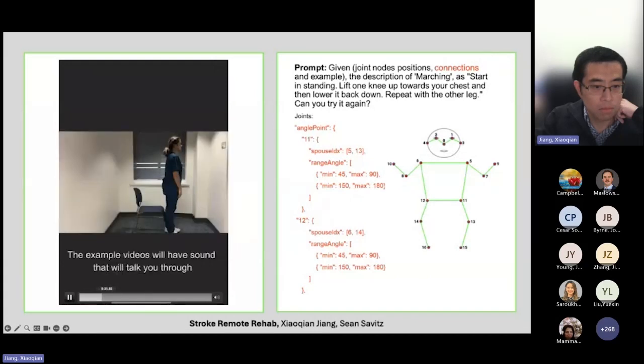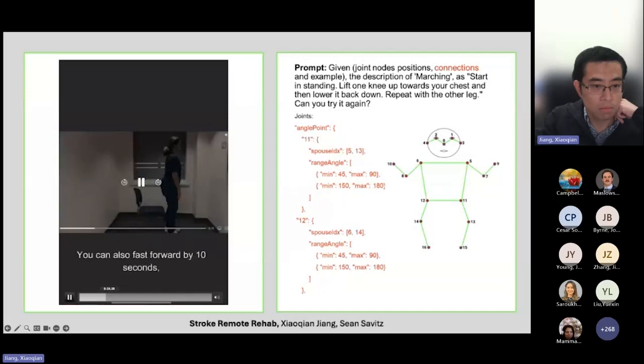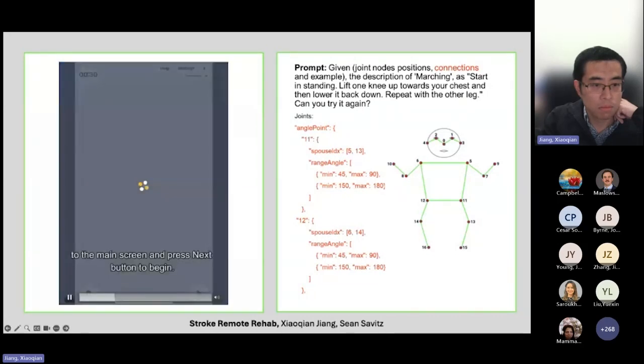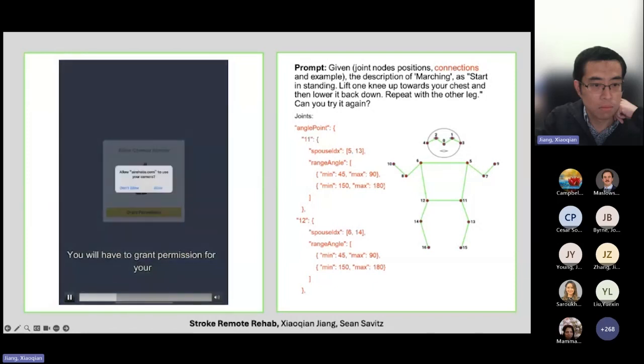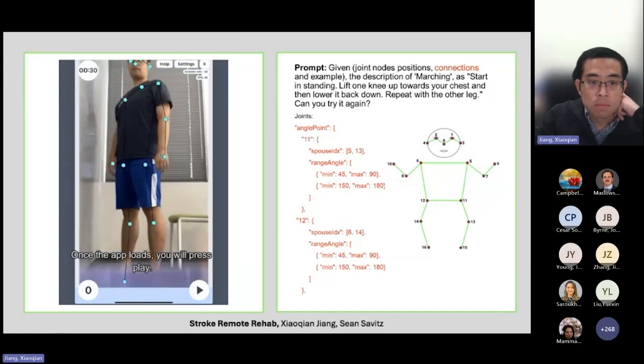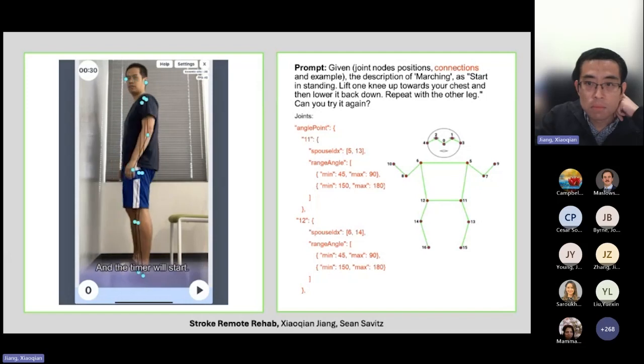The example videos have sound that will talk you through the exercise you're supposed to do. You can also fast forward or rewind by 10 seconds so that you can review the exercise. Once you are comfortable, you can go back to the main screen and press begin. You will have to grant permission for your camera to access the app. Once the app loads, you will press play.